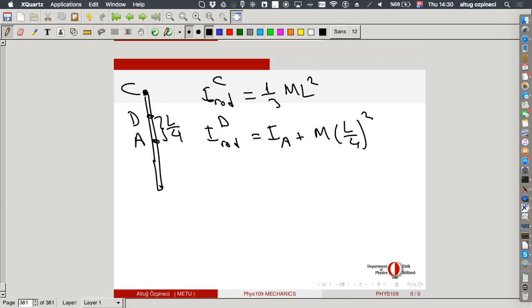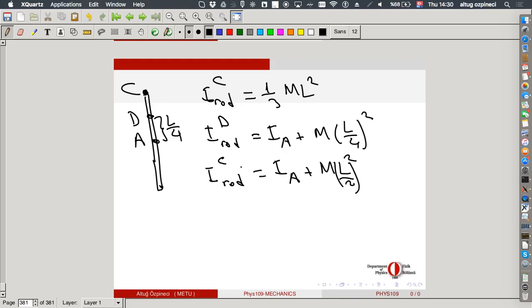We also know one more thing, again due to the parallel axis theorem. The moment of inertia of the rod for rotations around the point C is IA plus m times L over 2 squared. This is the parallel axis theorem applied to the point C. We are shifting the center of mass by a distance L over 2.